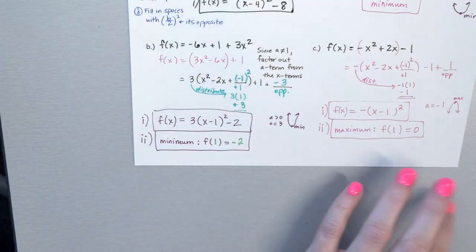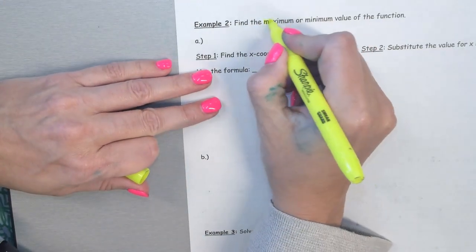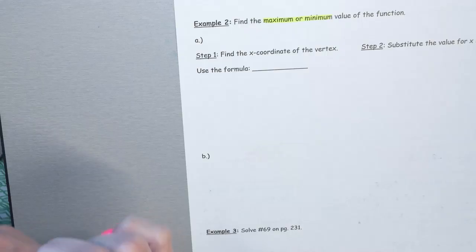Okay, does some of this seem familiar, where you're balancing the equation? For example 2, we're going to find the maximum or minimum value of the function.